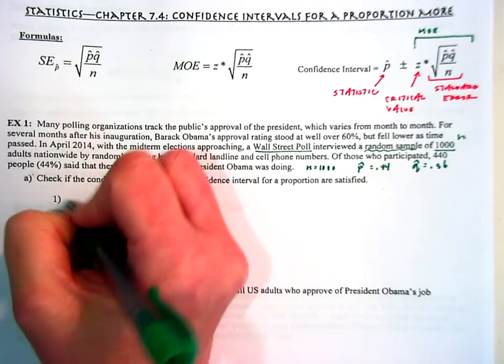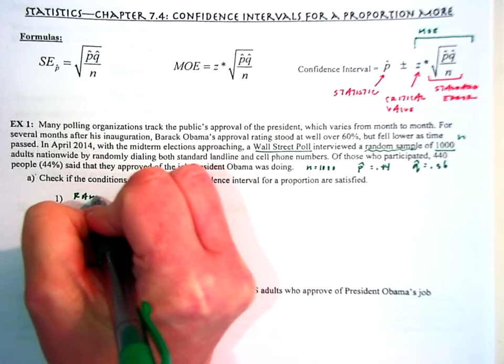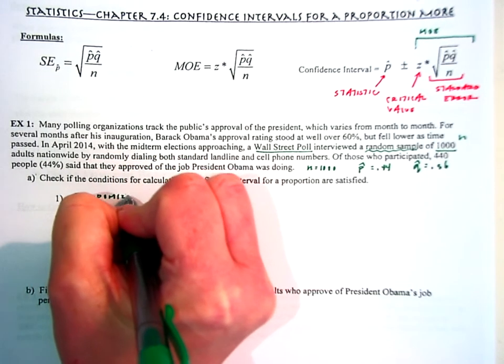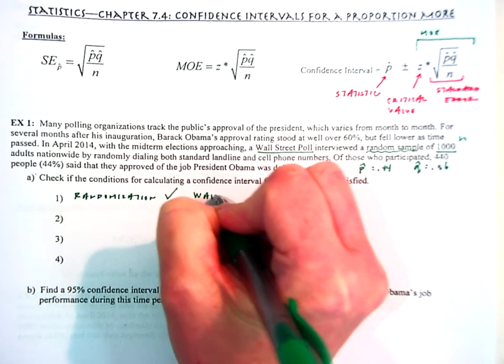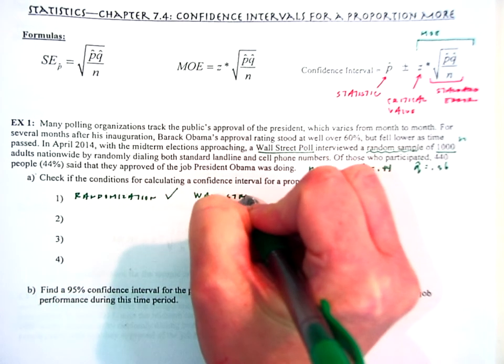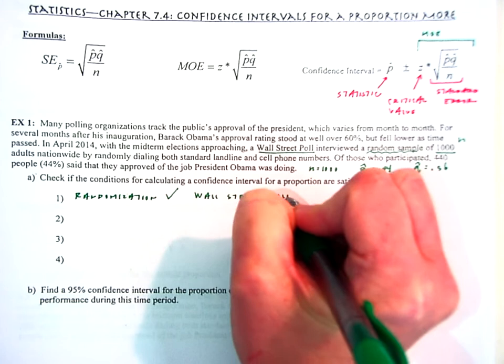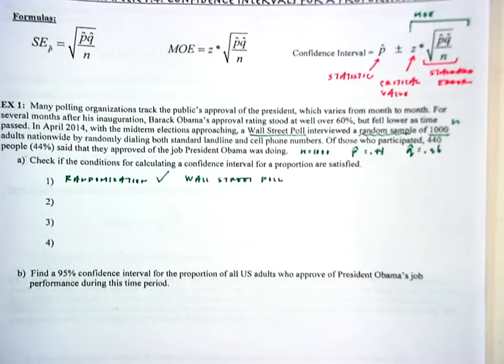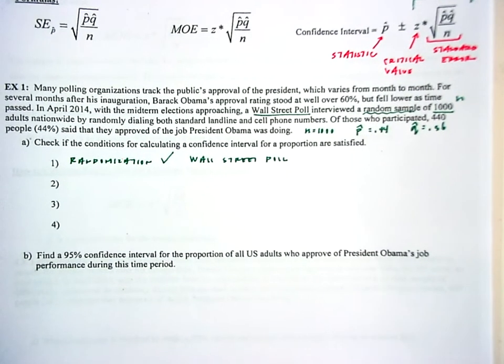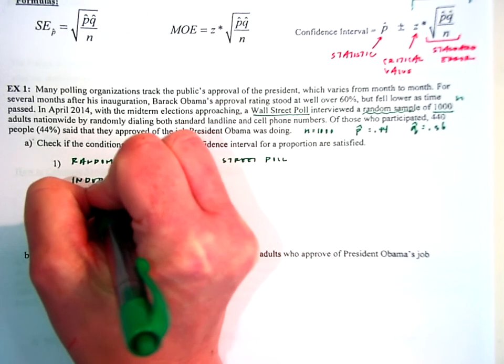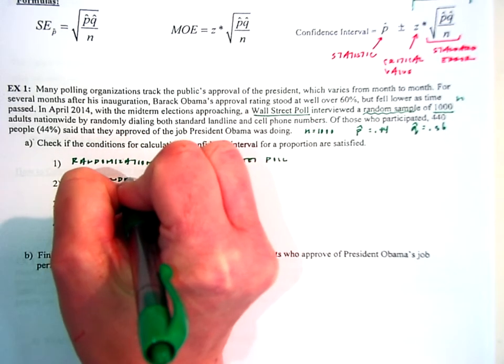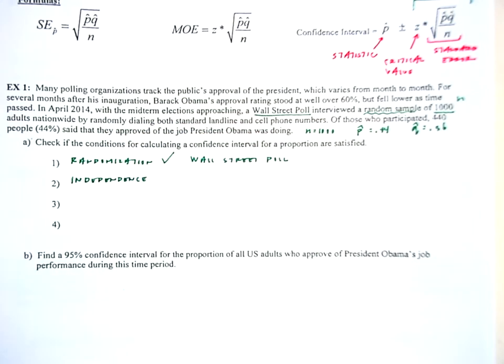So first, do we have randomization? Well, we trust the Wall Street poll. Right? Anything in a newspaper, it's got to be random. Okay, how about independence?